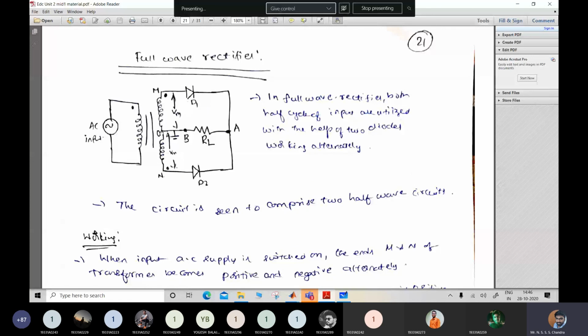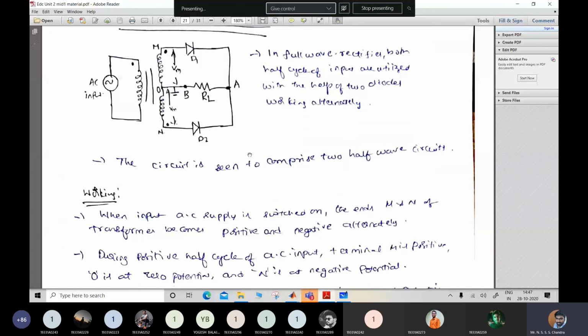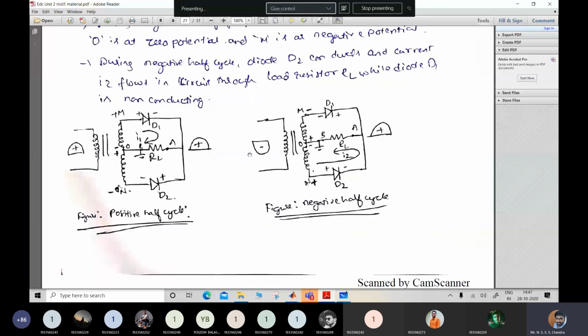Here also we are connecting the center tap of the transformer to the ground, and the common terminals of the diode cathode will be connected to the terminal A. From terminal A, I am connecting the load resistor RL. From terminal B, I am connecting back to the ground and to the center tap of the transformer. Anyway, you can draw. Electrically, both circuits are identical. For my convenience, I have redrawn in a different way, so do not worry about that.